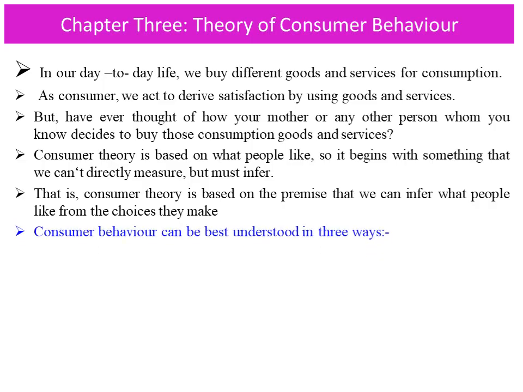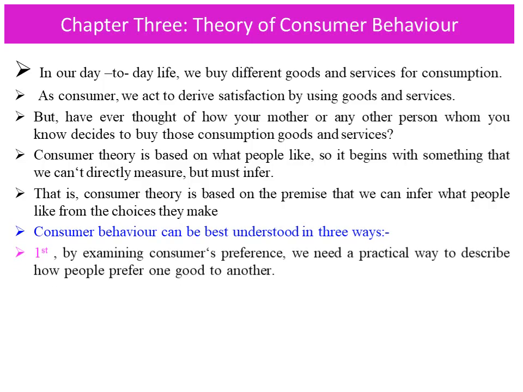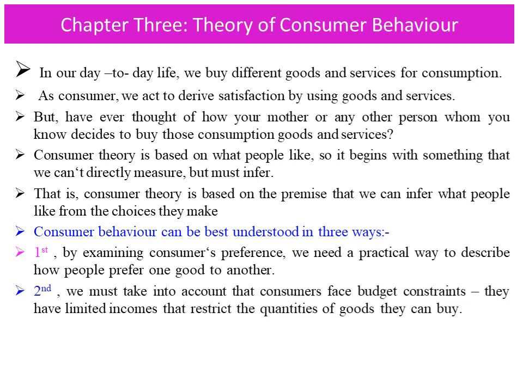Consumer behavior can be best understood in three ways. The first, by examining a consumer's preference, we need practical ways to describe how people prefer one good to another. The second, we must take into account that consumers face budget constraints.